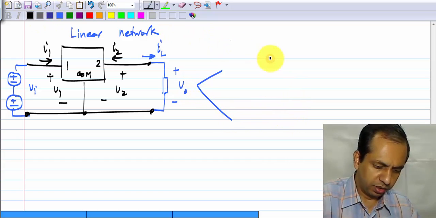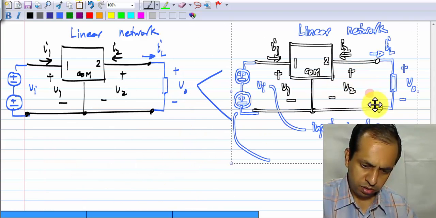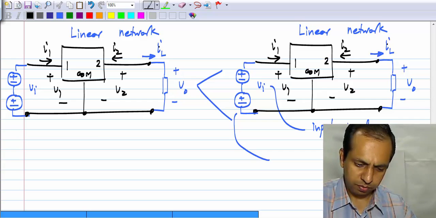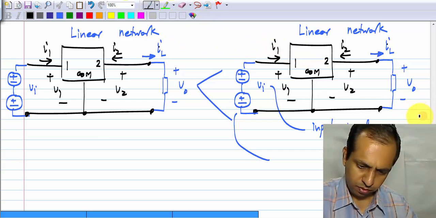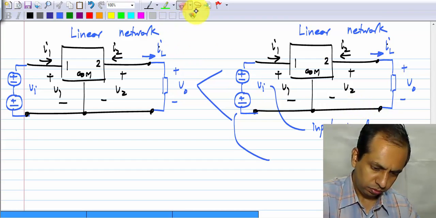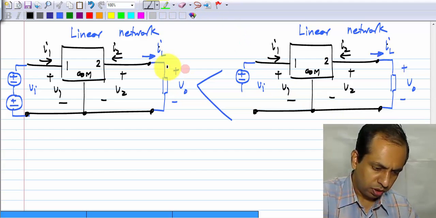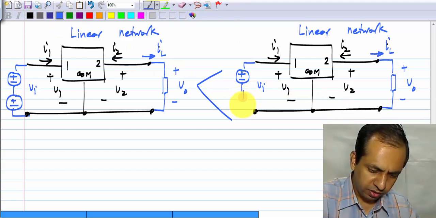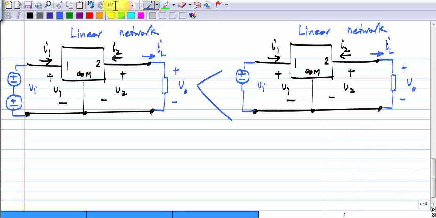And what are the two conditions? Two conditions are, one in which only Vi is present and one in which only V10 is present.